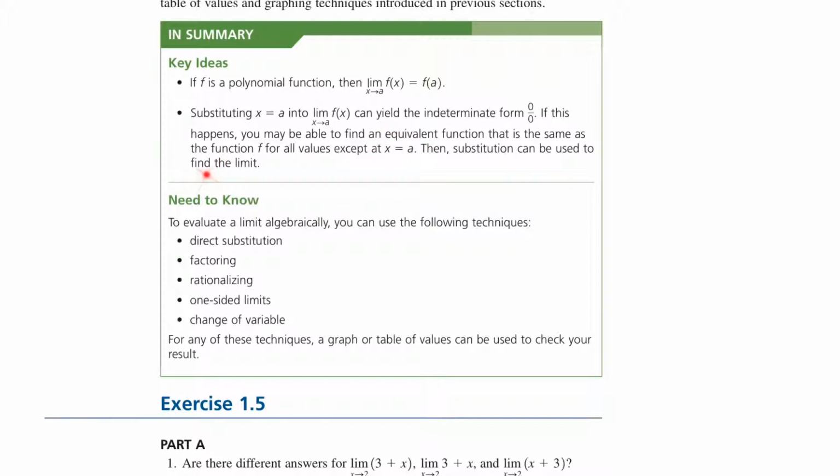And then by substitution, we find the limit. The key points to evaluate a limit algebraically are direct substitution, factoring, rationalizing, checking that the right and left side limits are equal, and change of variable.